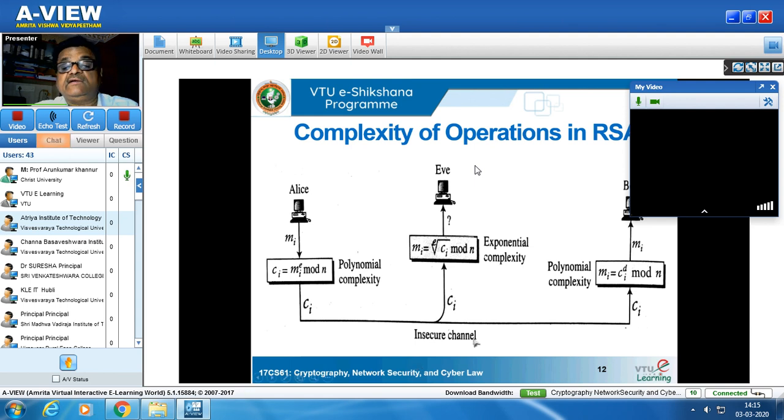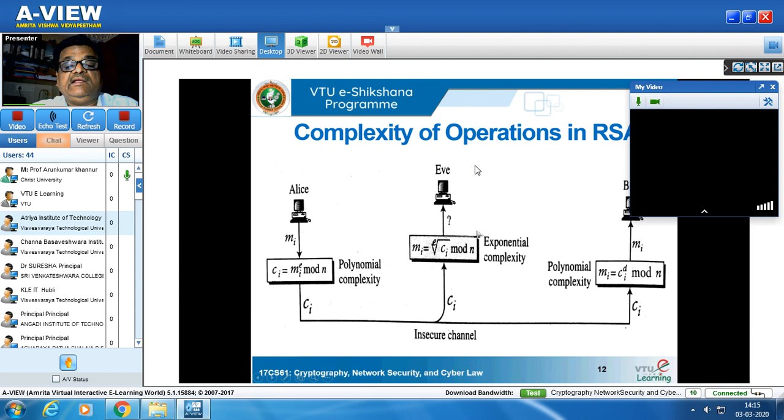After that, it is transmitted. To recover the original block Mi, we raise the ciphertext Ci to the decryption exponent and carry out the mod n operation.